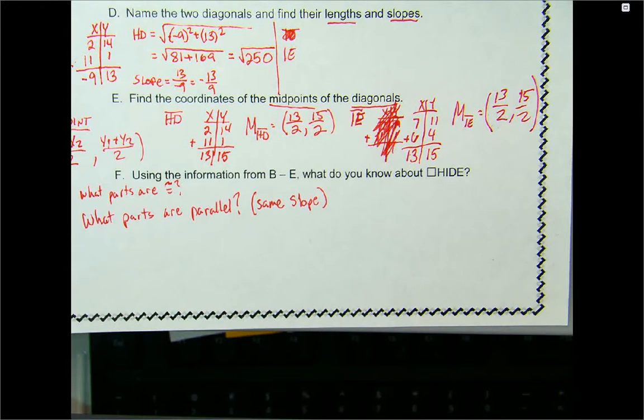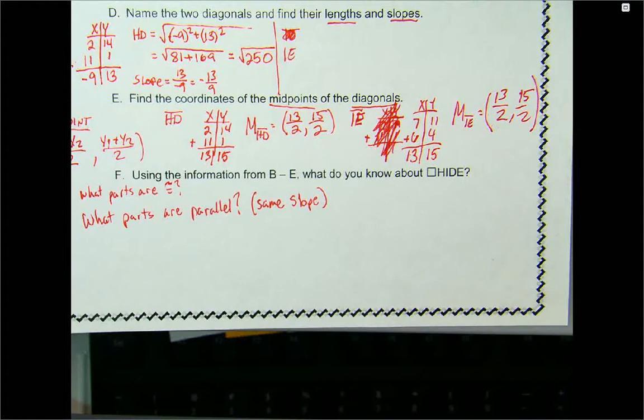But my plan is by about halfway through the class tomorrow you guys have to be done with this. So if you don't finish it tonight, if you don't finish it during the day, you're going to work on it tomorrow and get it done. And then halfway through, we're going to start analyzing the information that we get. So get to work.